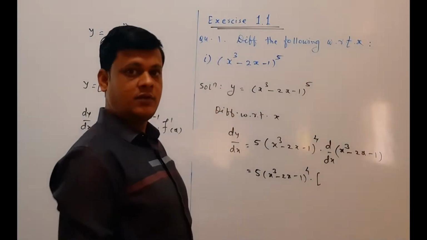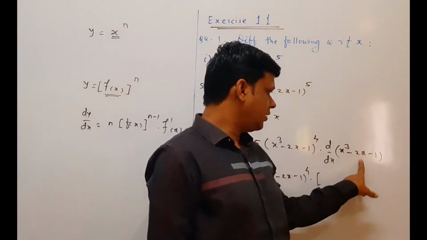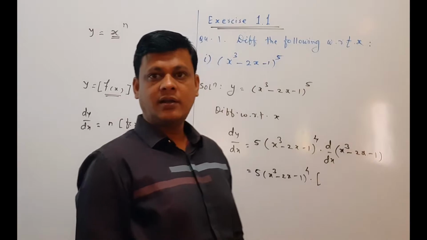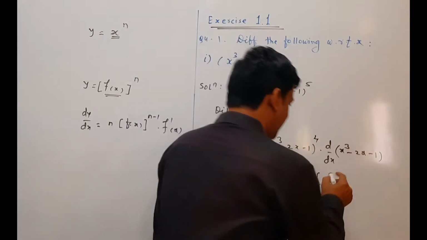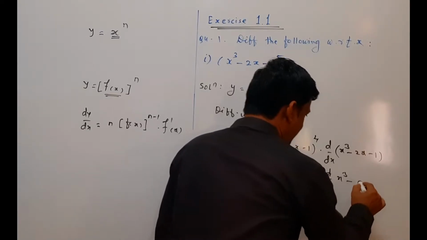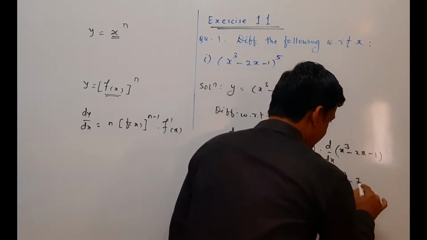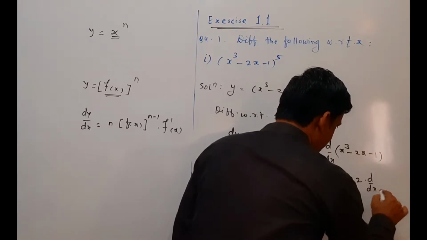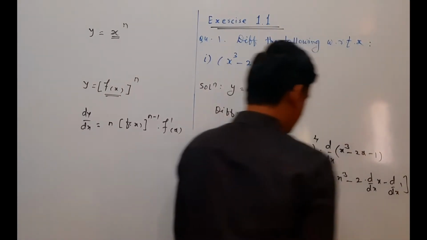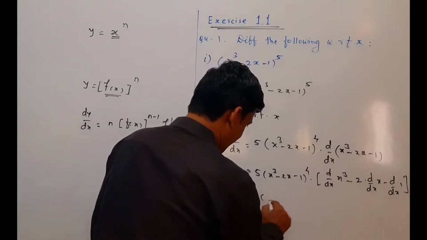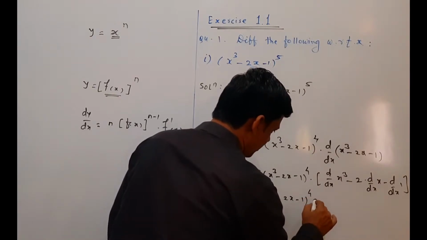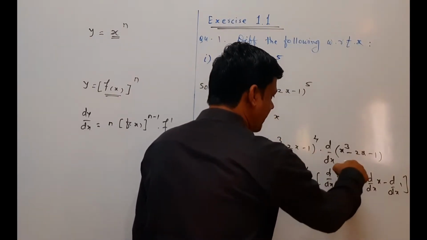Now here these three terms we have to differentiate separately. So we write the derivative of the first term, d by dx of x cube minus, so 2 is constant, so we write 2 into d by dx of x minus d by dx of 1. So we write here 5 in bracket (x cube minus 2x minus 1) raised to the power 4 into the derivative of x cube.